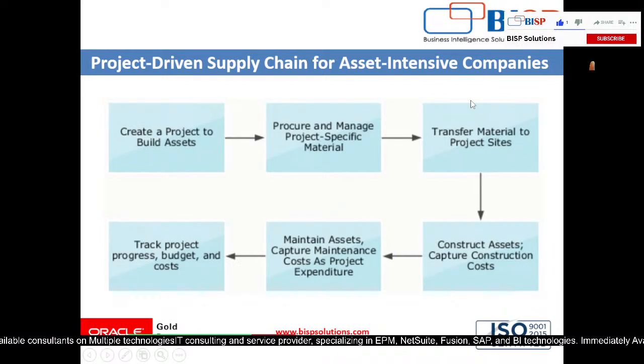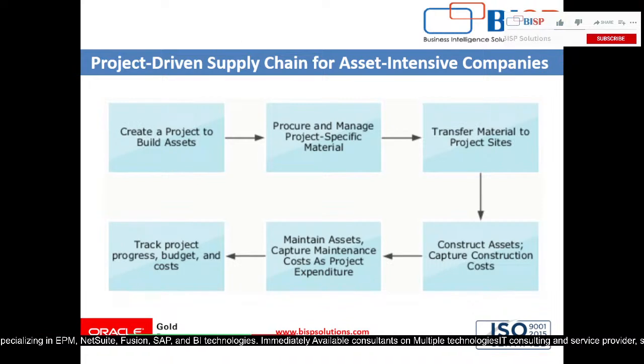And the next one is our project driven supply chain for asset intensive companies. If your company is an asset intensive company, so what is our project driven supply chain, right? So first we create the project to build the asset, right?